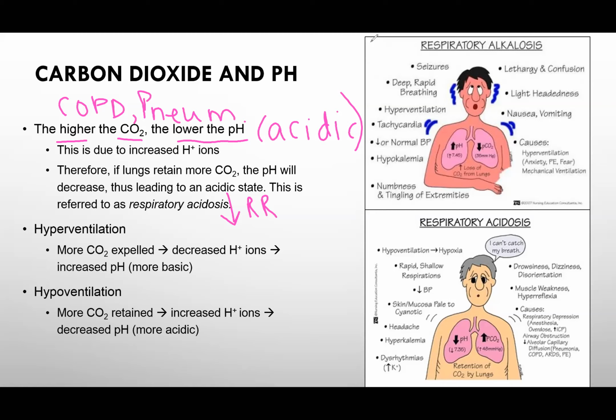If we are not blowing out CO2 at a normal rate, we are keeping that CO2 in our blood, and the buildup of CO2 leads to an acidic state. And that is what you're seeing. This guy down here is respiratory acidosis. And some of the side effects of that are listed here.